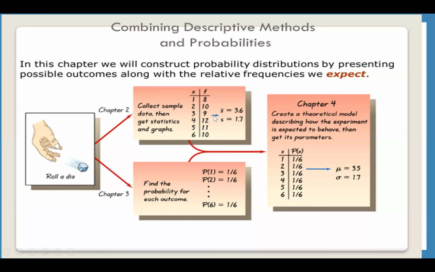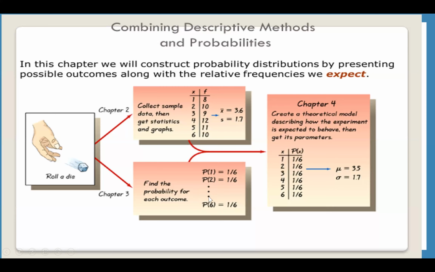It would actually show us what actually happened when I rolled that die. We can then also calculate the mean and the standard deviation for that frequency distribution.